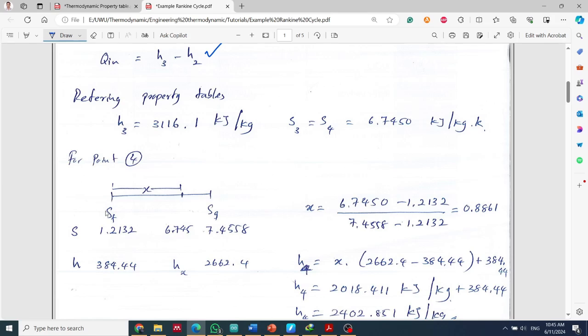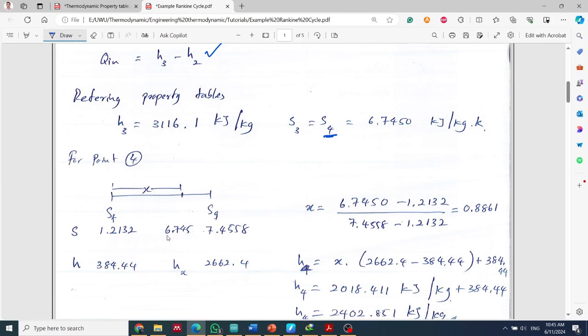Then we have to check whether our S4 value is in between these two values or beyond them, right. So what is our S4? So this is our S4, right. S4 is 6.744 and our Sf is 1.21 and Sg is 7.4558.